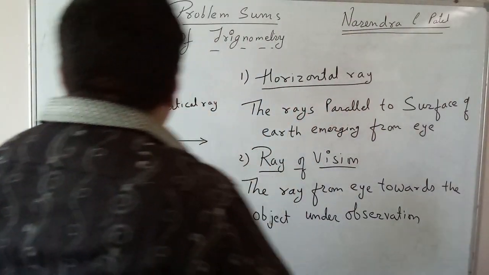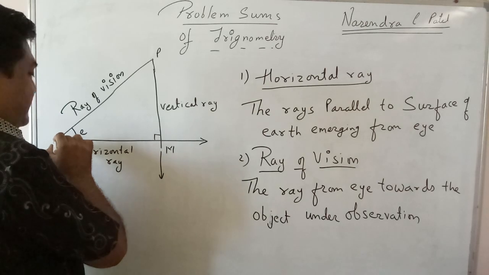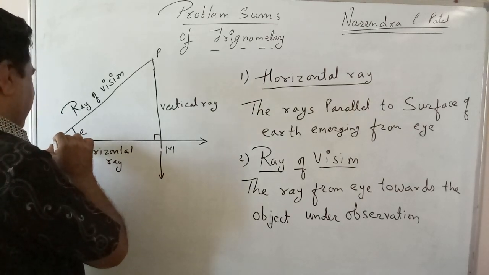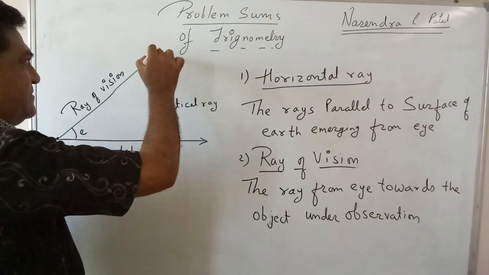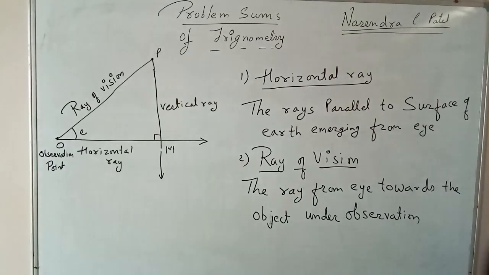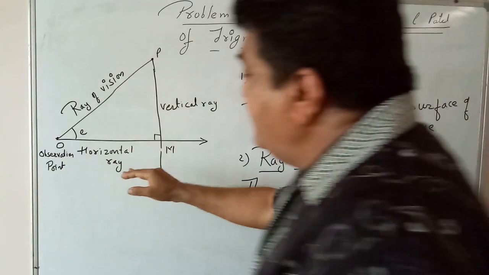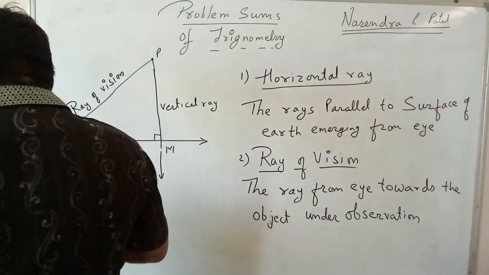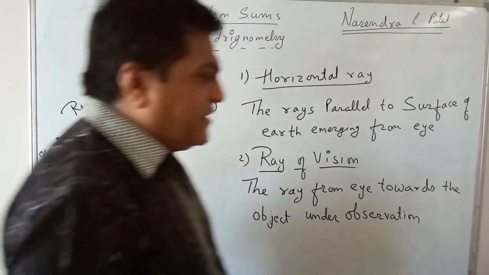This is the ray of vision. The ray emerging from the eye, and towards the object under observation. This is the object under observation. So that ray is called the ray of vision. If the ray of vision is above the horizontal ray, then the angle between the ray of vision and the horizontal ray is called the angle of elevation.